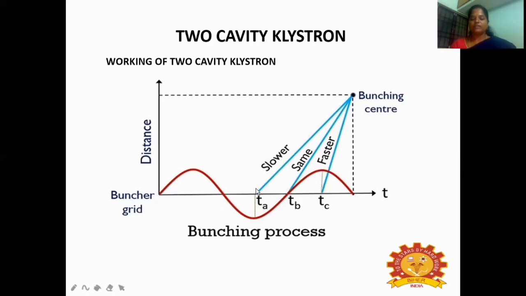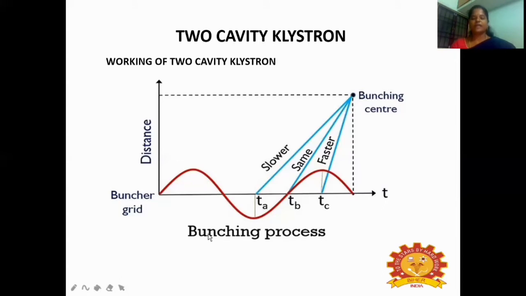Electrons which are slower or decelerated take more time to reach the drift space. In the negative half cycle of the input signal the velocity gets reduced, so the electron slowly reaches the buncher cavity. But in the positive half of the input signal, electrons are accelerated, so they reach quickly. But all the electrons get bunched at one place.